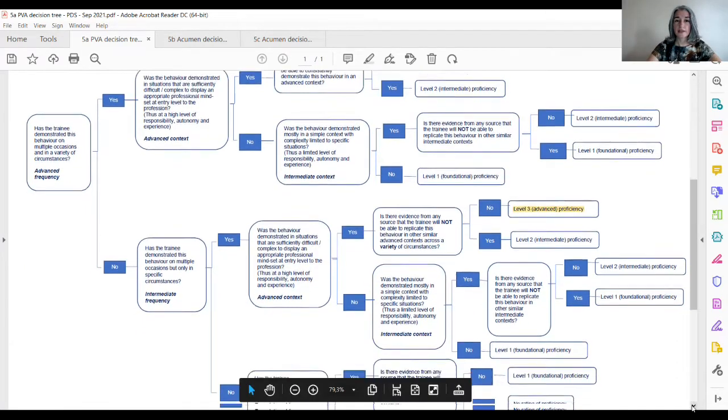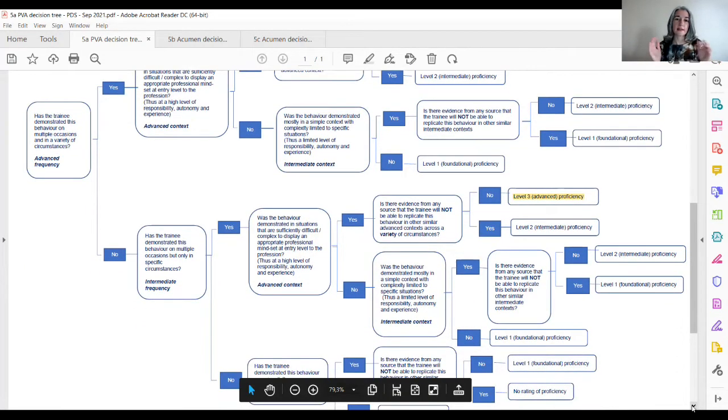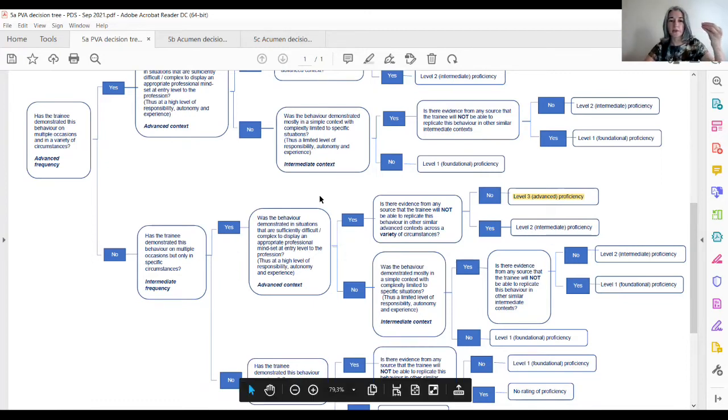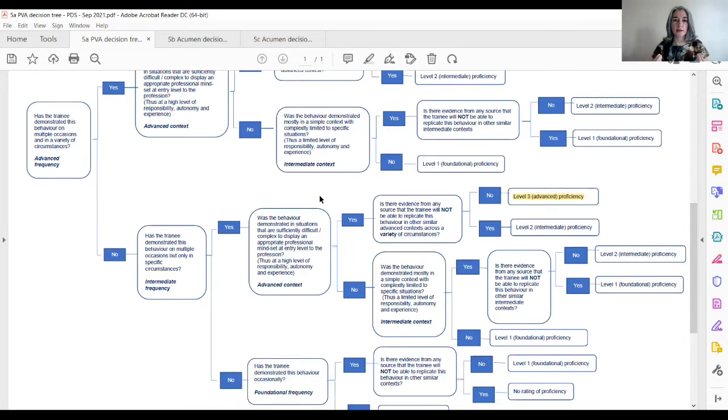Now let's consider where the trainee has presented a more narrow set of contexts, even though they've presented multiple examples of evidence. We have the same question. Did the trainee need to display a professional mindset at entry level to the profession? Was the scenario that was presented, even if it was more limited, sufficiently complex that it is what we would expect of a professional?